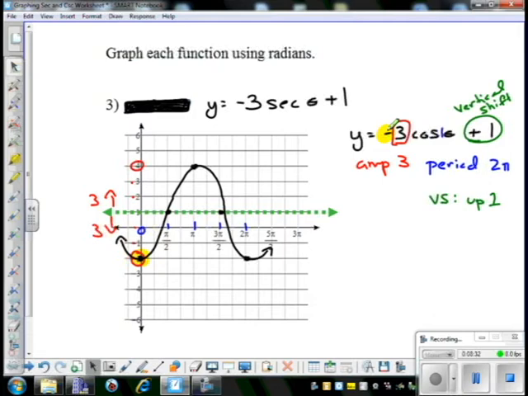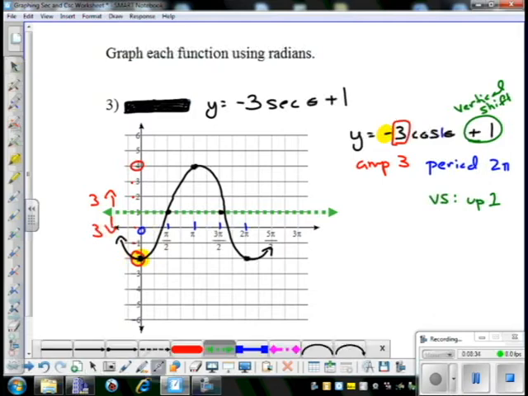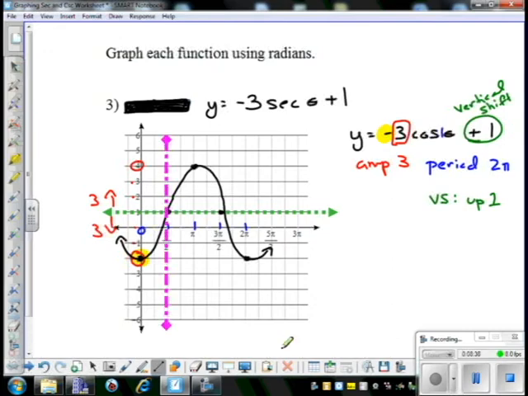Now again, our asymptotes are going to lie wherever the cosine function hits our midline. So we'll have one at pi over 2 and another asymptote at 3 pi over 2. Again, we need to draw in our parabolas.